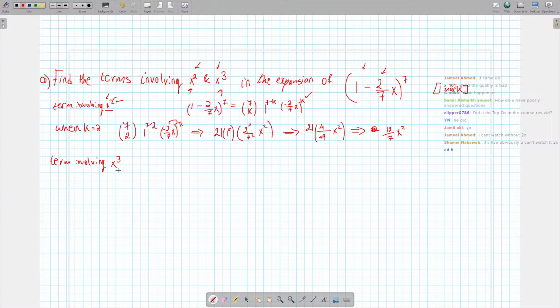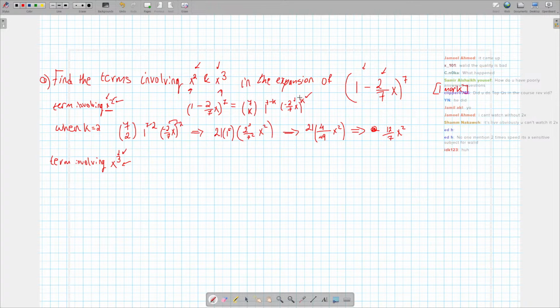For the term involving x cube, we now want the power of x to be 3. The power of x here is k, so the term involving x cube is when k equals 3. Again, we substitute 7C3, 1 to the power of 7 minus 3, minus 2 over 7 x to the power of 3.